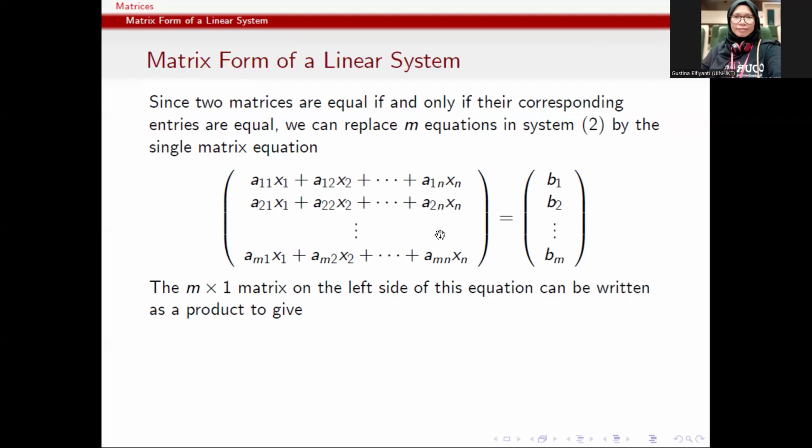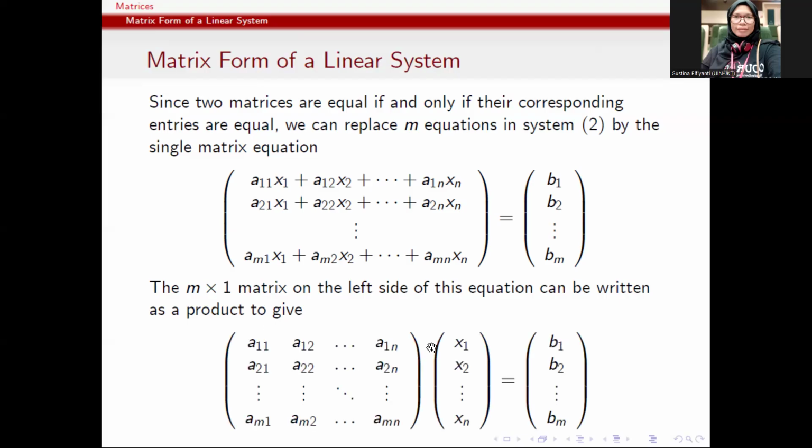The m by 1 matrix on the left side of this equation can be written as a product to give this one. We can write it as multiplication of this matrix with this column vector.